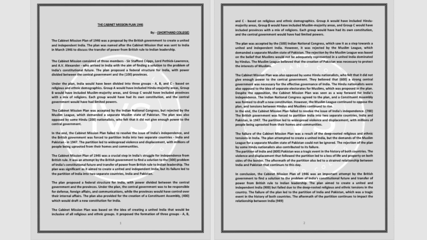In conclusion, the Cabinet Mission Plan of 1946 was an important attempt by the British government to find a solution to the problem of India's constitutional future and transfer of power from British rule to Indian leadership.